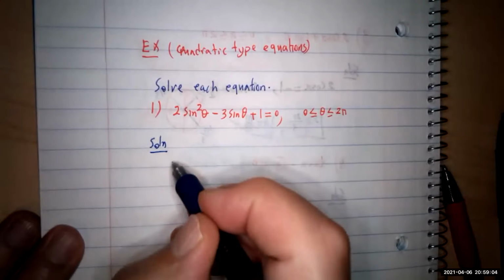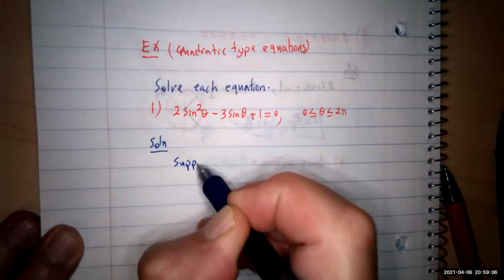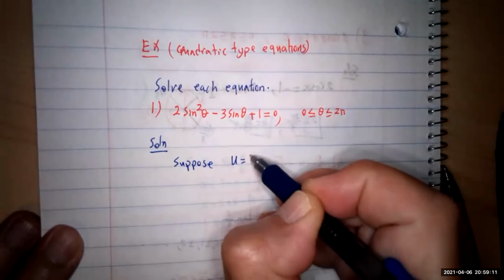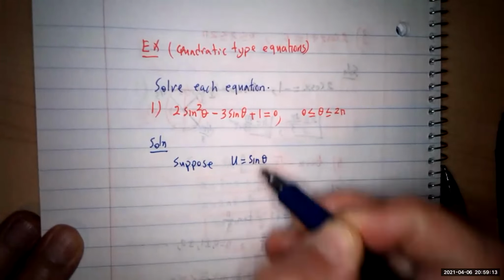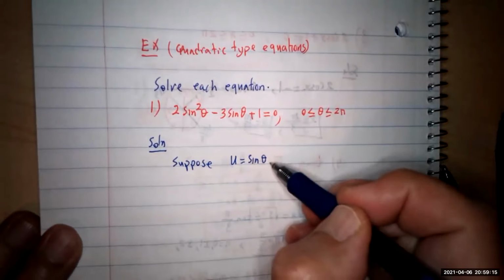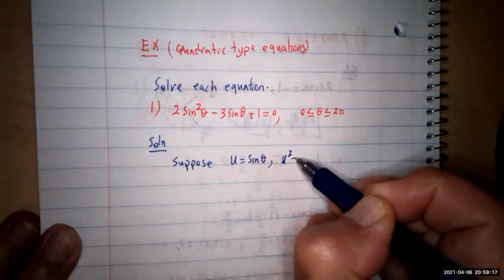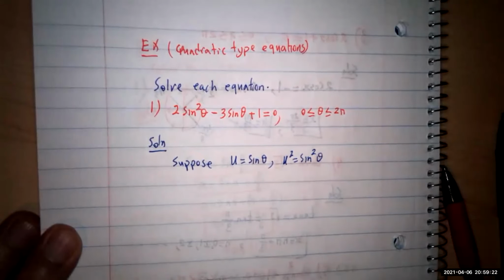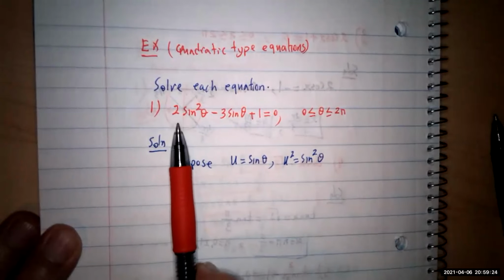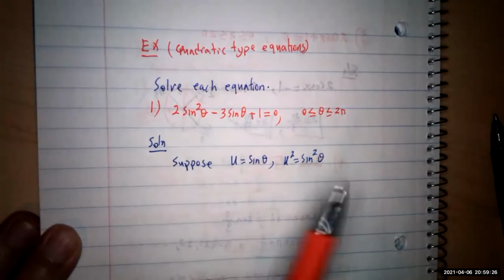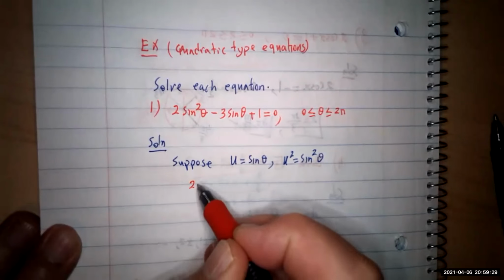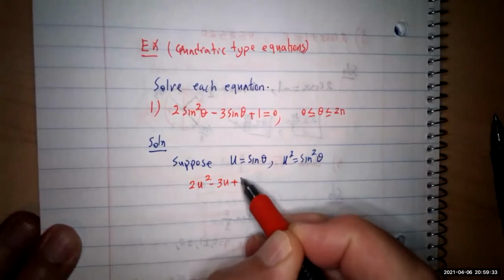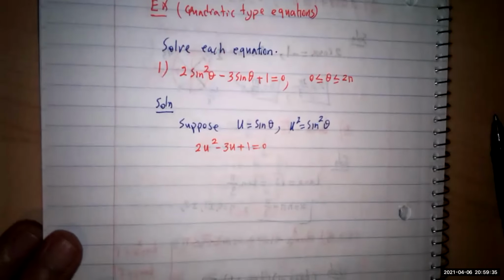Just to remind you, suppose we take u to be sine of theta. Then u squared would be sine squared of theta. So now your equation is going to be 2u squared minus 3u plus 1 equal to 0.